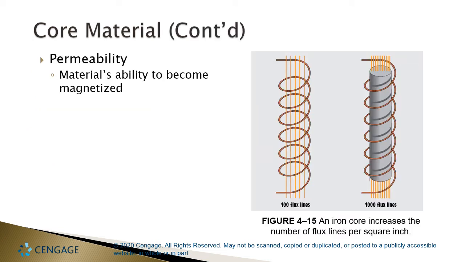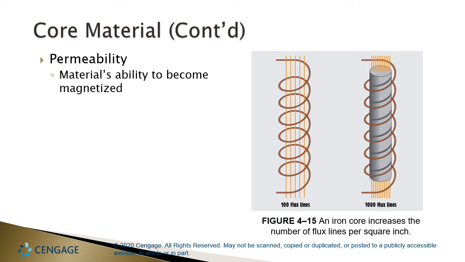So the strength of this magnetic field is governed by a property known as the permeability of the material. A material's permeability will tell you how strong a magnetic field is going to be generated. So for example, if you take a look here on the side, you can see if you use no material, just a straight air core, you're going to get potentially 100 flux lines.